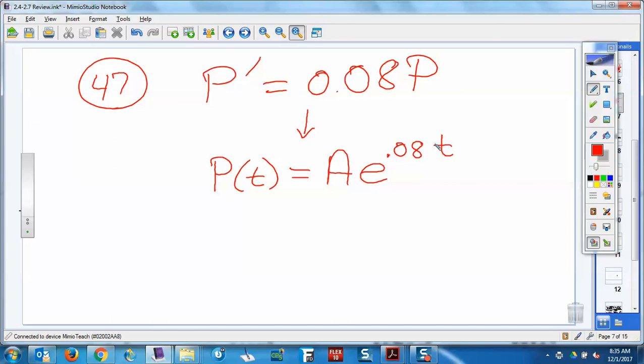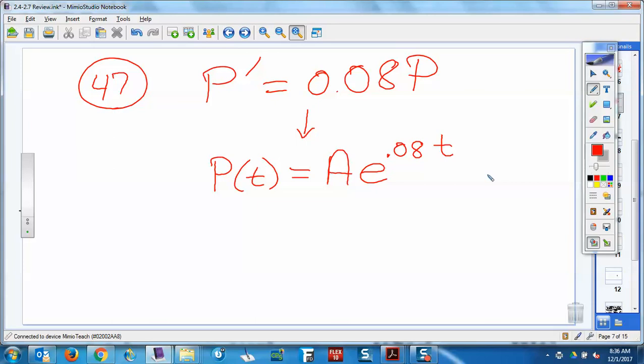That is y prime equals ky. P prime equals kp, where the K is the 0.08. So we now know this is our equation that we will work with. So again, it's easy, it's the only one. If you get a problem on the quiz that's about bank interest, or population growth or something like that, it's AE to the KT, and it comes from that differential equation. We automatically go to that, because we've memorized that as our solution.